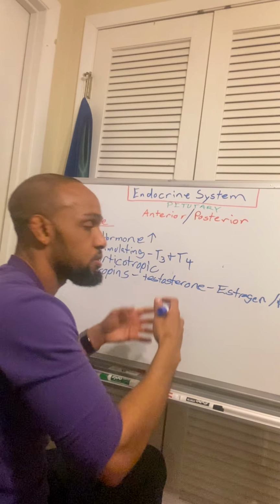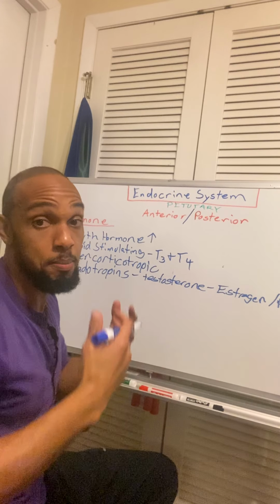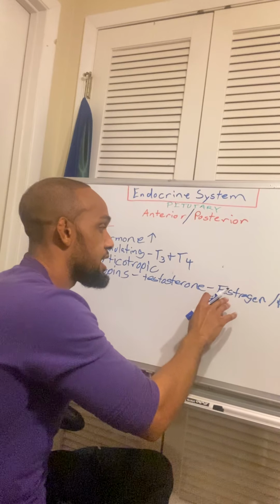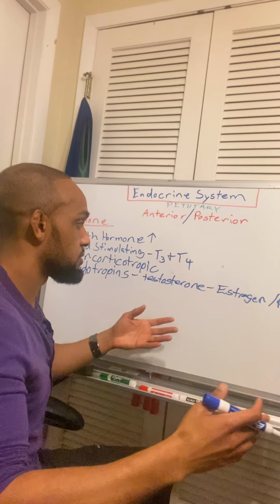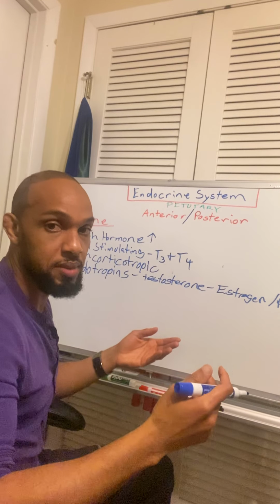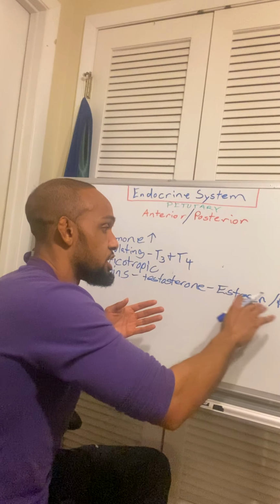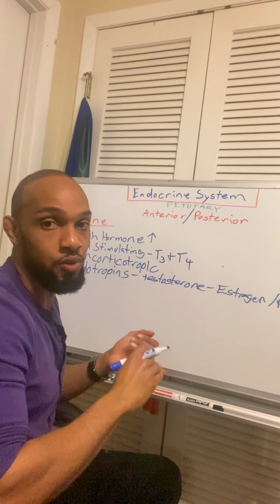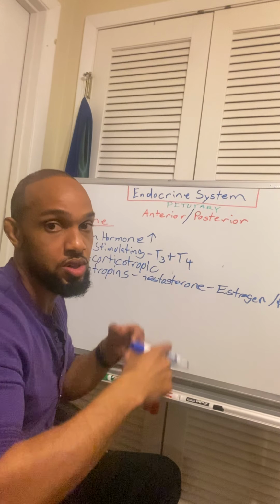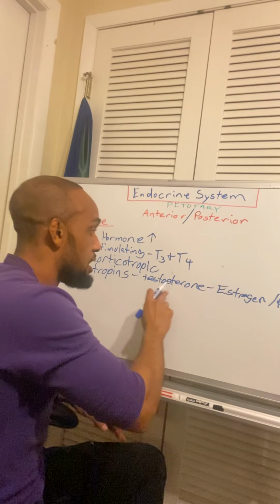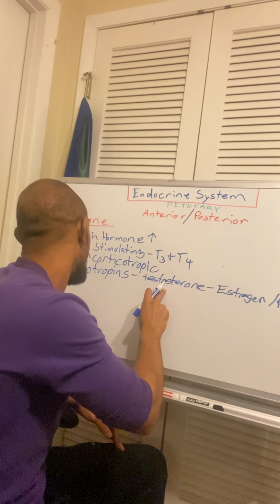Testosterone is responsible for sperm production, the male seed. And then estrogen and progesterone is for ovum development, which is egg production, and menstruation cycles and things of that nature. That's how estrogen and progesterone operate, and that's how testosterone operates.